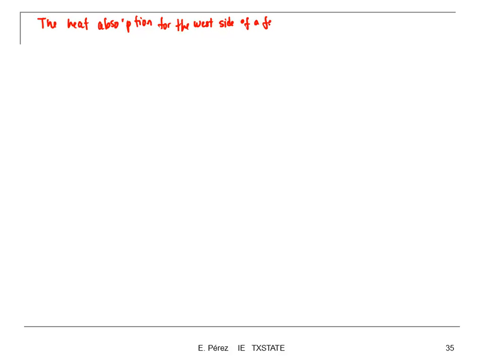Okay. So the absorption factor for the west side of a facility in Chicago is 100 BTUs per hour feet squared. And for the east, 75 BTUs per hour feet squared.